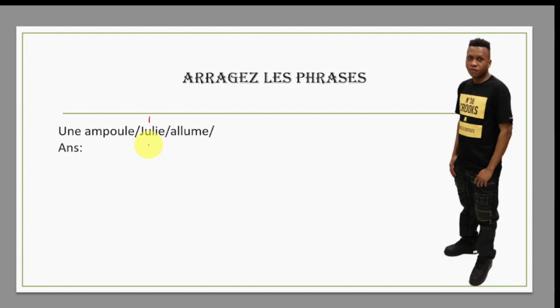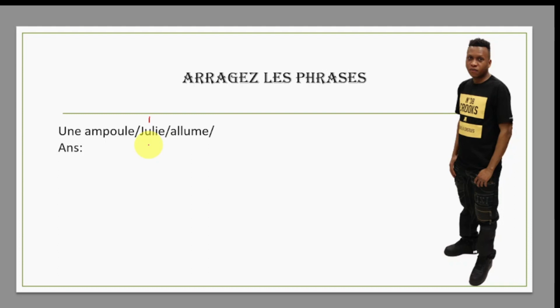Because when you look at les éléments d'une phrase simple, we have the subject, we got the verb, we got the complement. In a simple phrase, the elements of a simple phrase are sujet, verbe and complément.